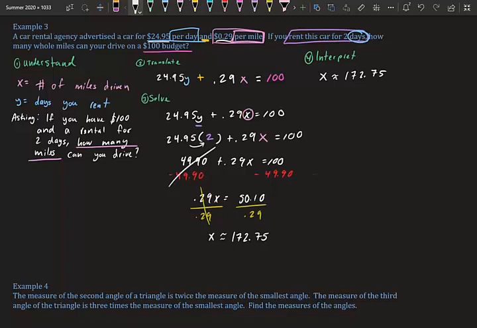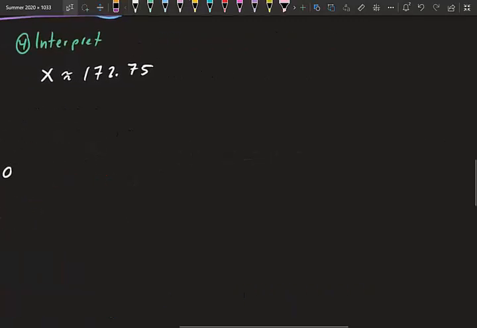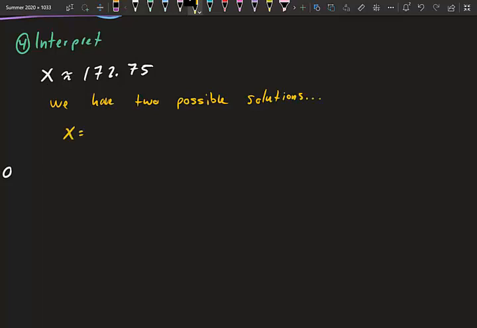So we have two possible solutions: x equals 172, where we round down to the nearest whole number, and x equals 173, where we round up to the nearest whole number.